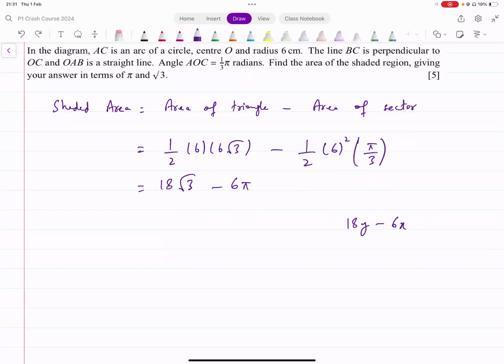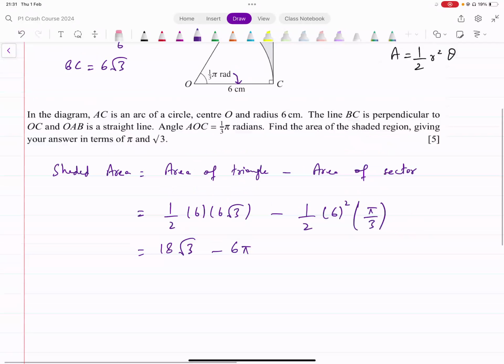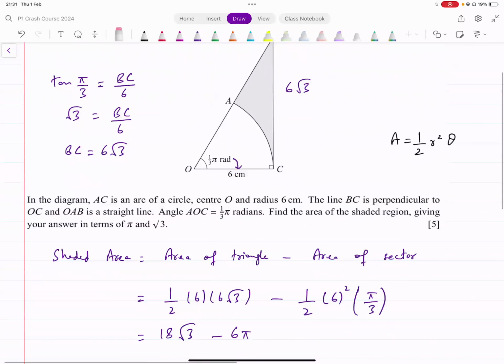It's not necessary that you can't have a coefficient with x. You can. That's perfectly okay. In terms of pi and under root 3 just means that in your answer, you need to have under root 3 somewhere and also pi somewhere. Okay. So you have pi here and you have under root 3 here. So that's the area of the shaded region.